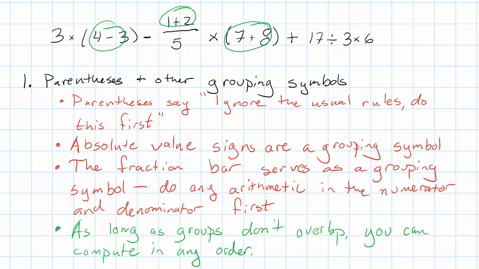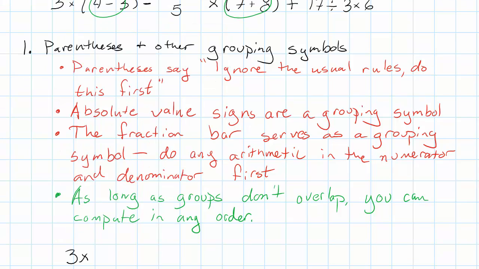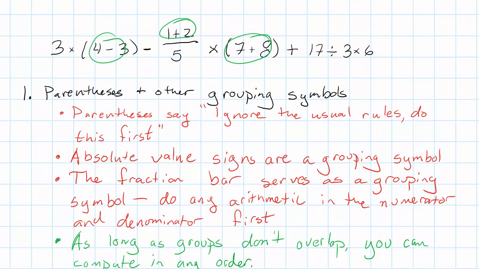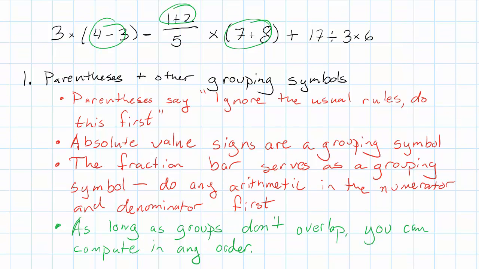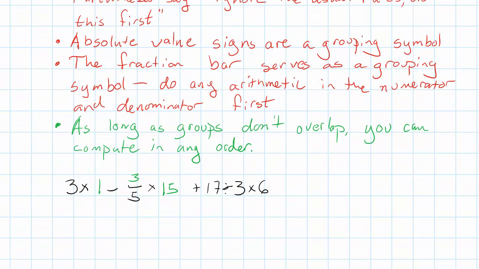Let's see, we'll have 4 minus 3 is 1. Let's see, 1 plus 2 is 3, and 7 plus 8 is 15. Okay, that's all of my grouping symbols taken care of. Now all I have left is addition and multiplication.